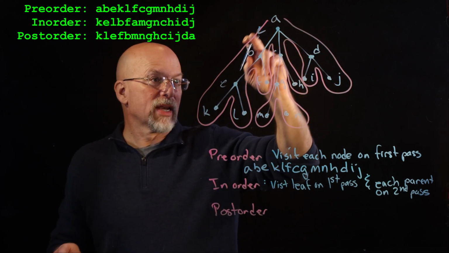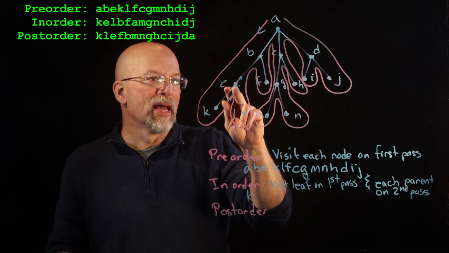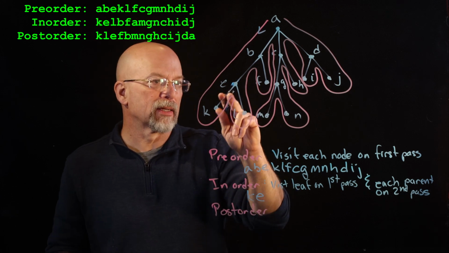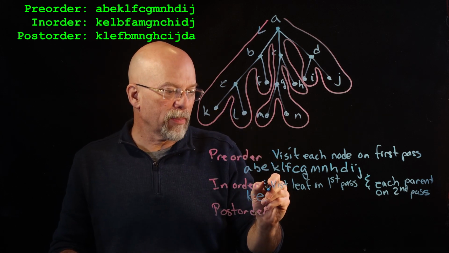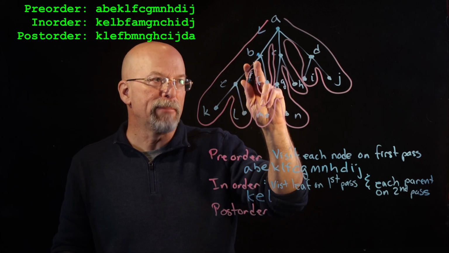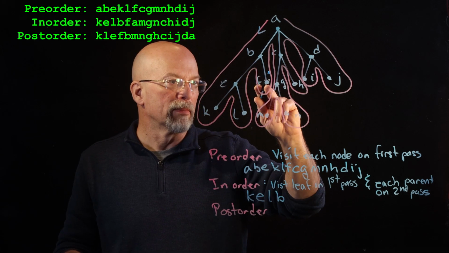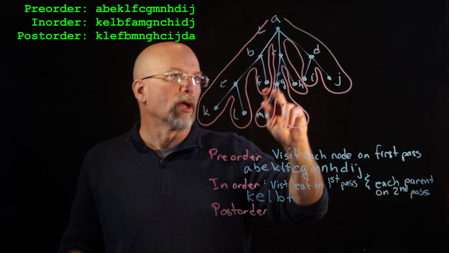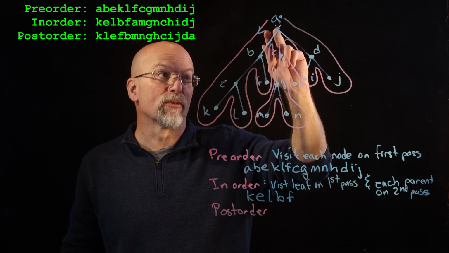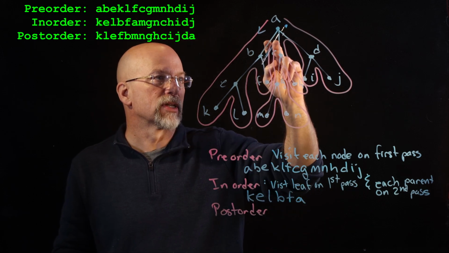So we come all the way down here to K. We come up, we've passed E once, now we're passing it a second time, so we can grab E. L we pass on its first turn. E we don't visit again. B, however, this is the second time we've seen it, so we do B. Come down to F. Go back up, past B, this is a third time, so we don't visit it again, but we are visiting A a second time, so A is going to be added or visited.